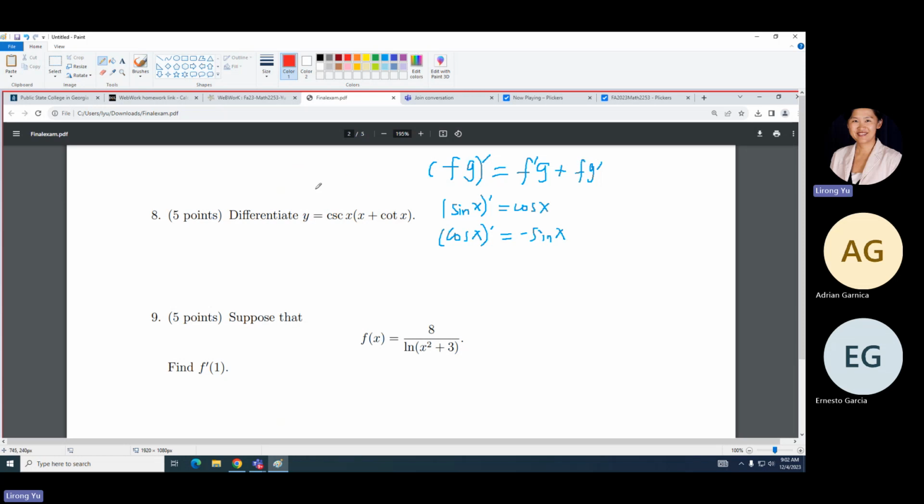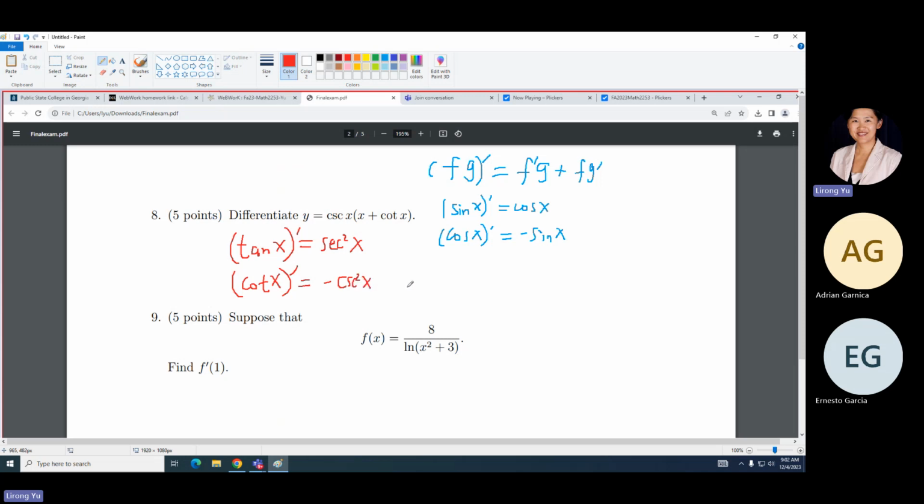Then there's tangent and cotangent. The derivative of tangent is secant squared of x, and the derivative of cotangent is negative cosecant squared of x.